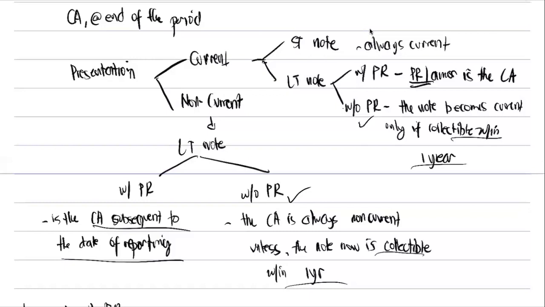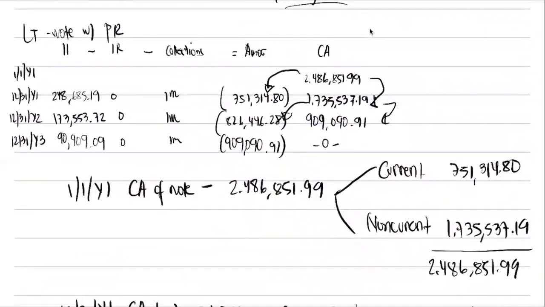Diba? How about your non-current? What are the items of your non-current? Your items of non-current from your notes receivable comes from your long-term note. So if it's with principal repayment, what is the amount of non-current? That is equal to your carrying amount subsequent to date of reporting. So if our date of reporting is January 1, year 1, then our subsequent to date is this one.